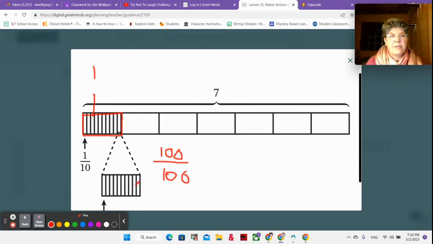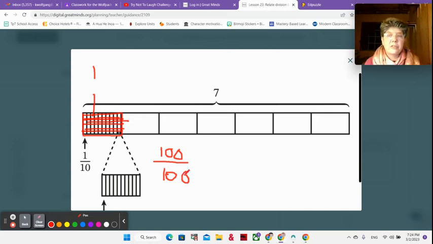Same thing. You could show it this way, 10 pieces inside of each one, or we could draw lines across. If we drew 10 lines across, then each of those would be 1/100th. Pretty small. So one of those is 1/100th, and there's 100 of them.